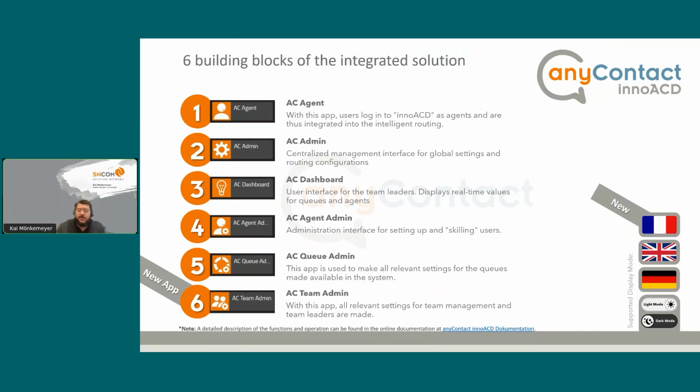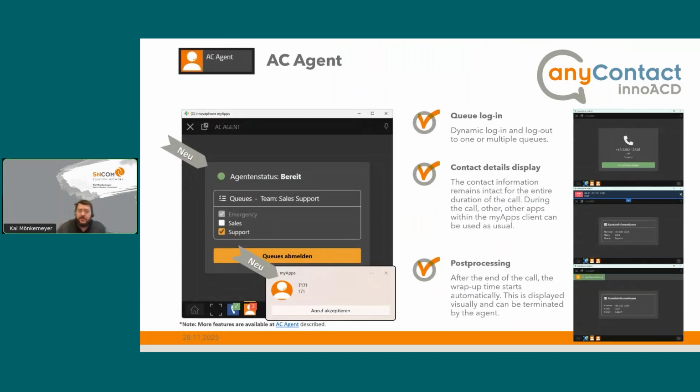If we take a more detailed look into each app, let us start with the AC agent. The AC agent is the agent interface, and with the agent interface, I will have my queue login screen. So I can switch which queues I want to serve.